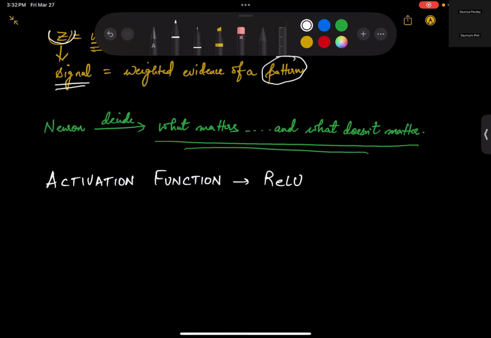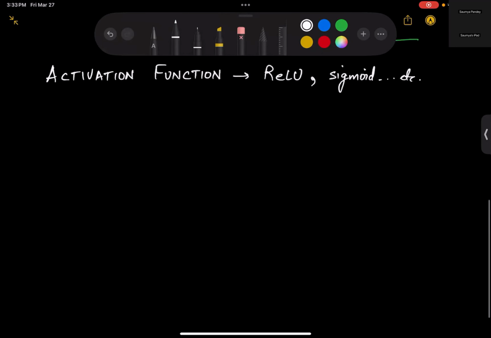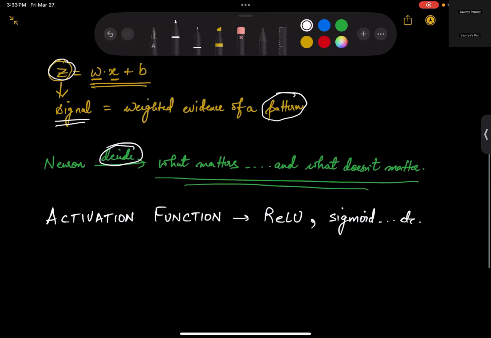There is ReLU, which we will be talking about in here. There is sigmoid, etc. So this decision right here is made by activation function.